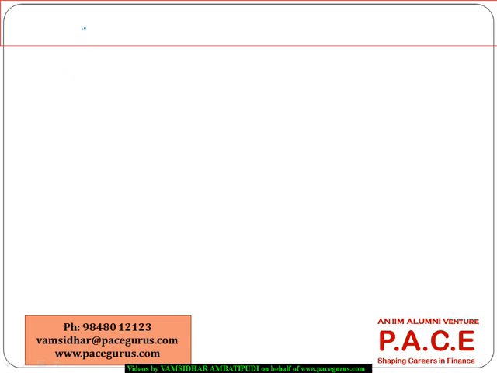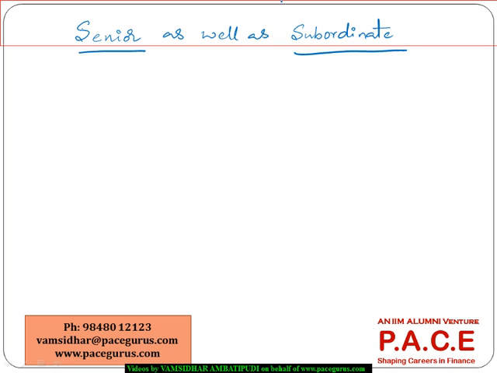But in case, let's say we have a senior as well as subordinate debt, how do I find out the value for the same? Because as far as the settlement is concerned, initially the senior debt would be settled, and whatever is remaining, the subordinate would be settled, and after that whatever is remaining, the equity investors would be settled.